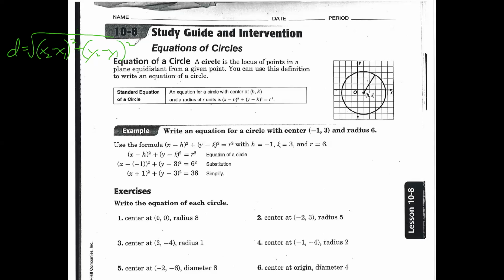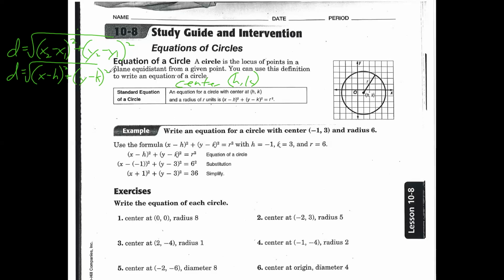So at the center, plugging in h and k here, we have d equals the square root of x minus h squared plus y minus k squared.